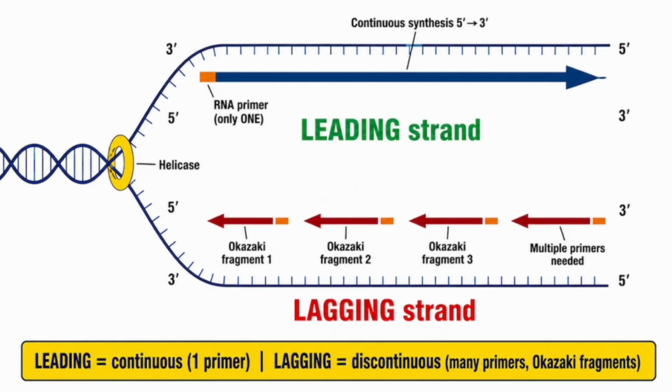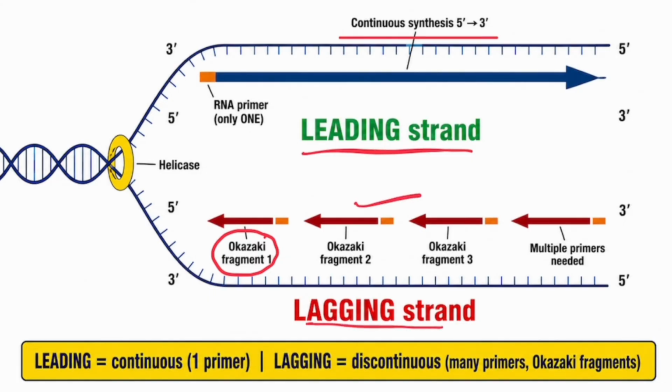So it is formed in small fragments called Okazaki fragments. One strand is synthesized continuously towards the replication fork, that is the leading strand. The other strand is synthesized discontinuously in fragments away from the fork, which is the lagging strand. And because fragments are formed separately, the lagging strand needs multiple RNA primers.